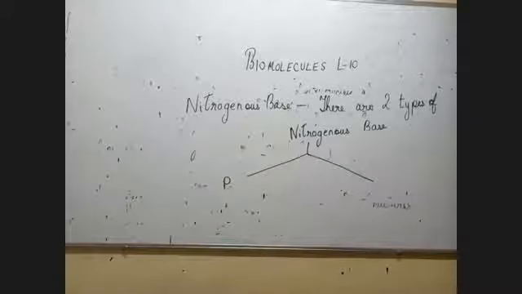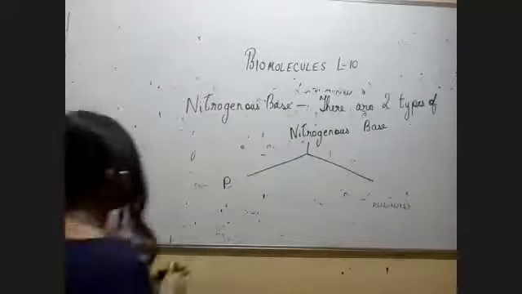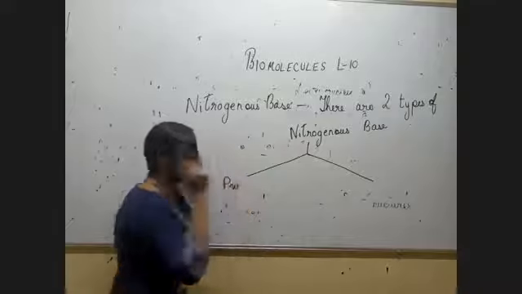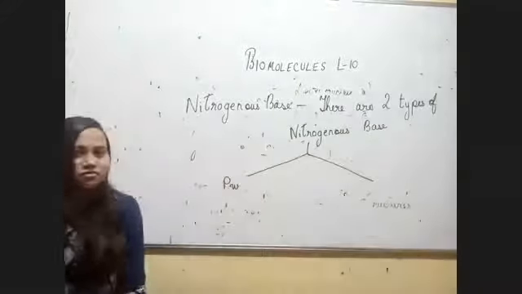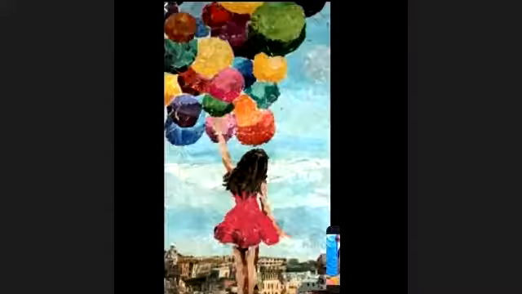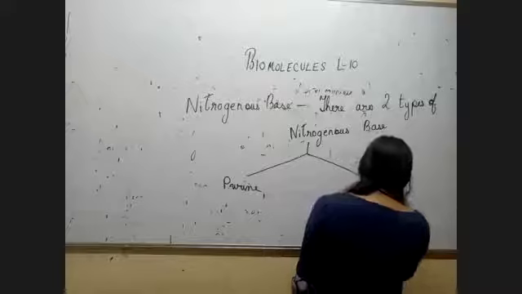Nitrogenous bases are of two types. One is purine, and another one is pyrimidine.